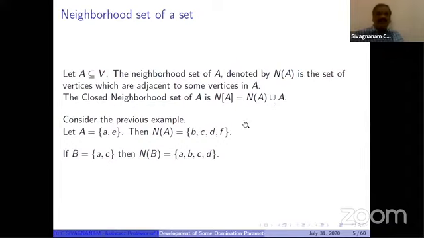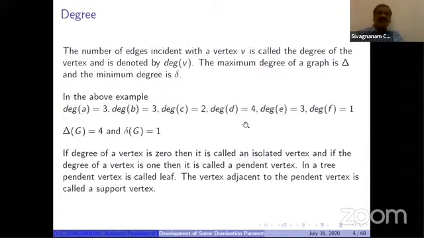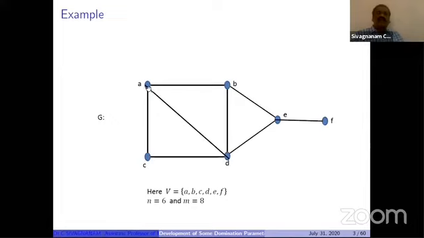So see the previous example. I am taking the vertex set A containing the vertices A and E. These two vertices I am taking. A is a set containing these two vertices. What is N(A)?